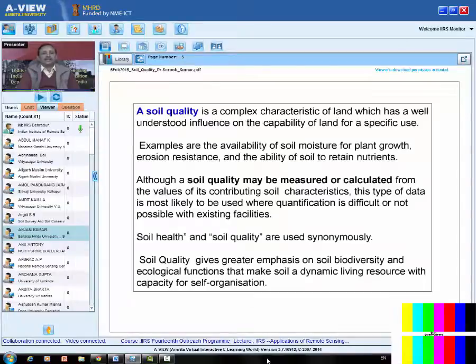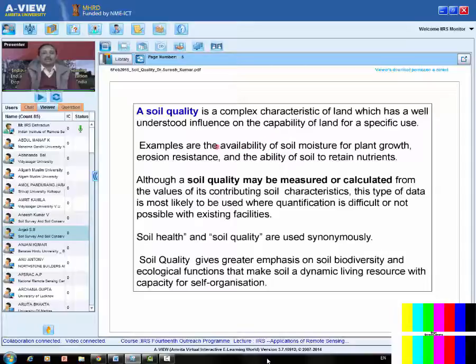In this lecture we are focusing on soil quality, and we can see soil quality is a complex characteristic. You cannot measure soil quality directly, because it is a complex characteristic of land which is well understood to be influenced by the capability of land for a specific use. So to study soil quality, you have to study the individual soil characteristics.